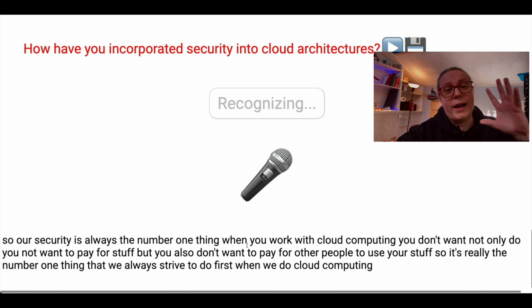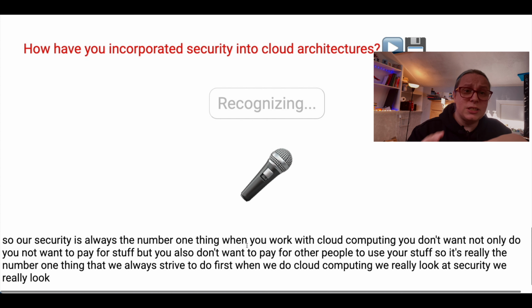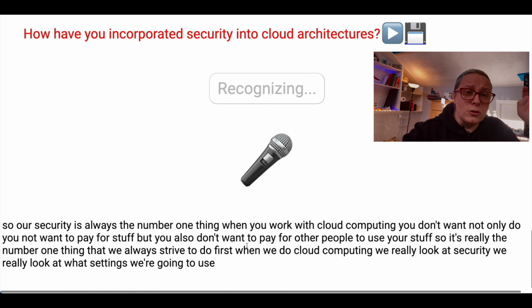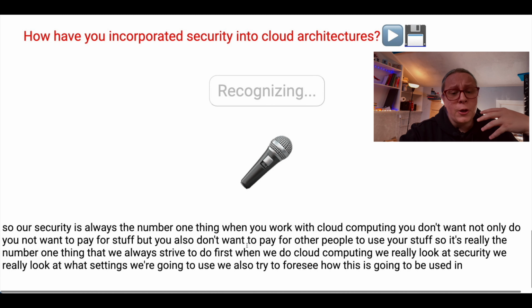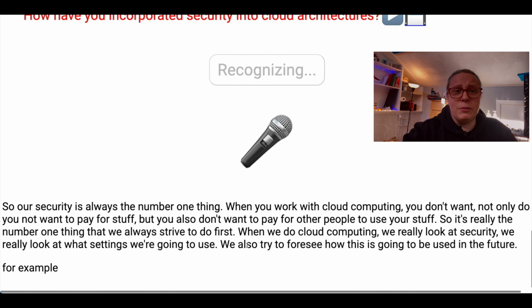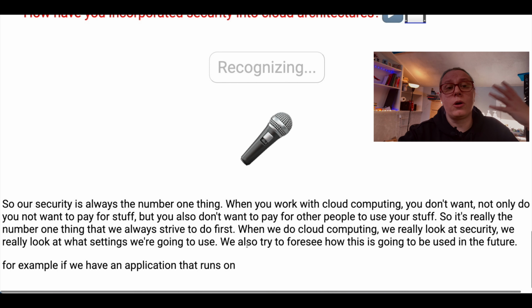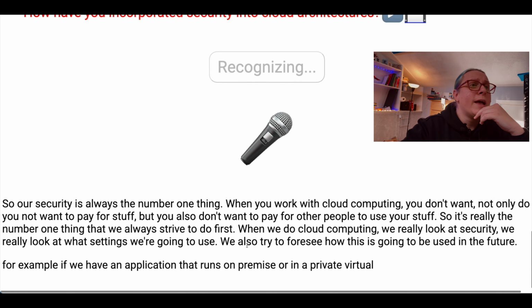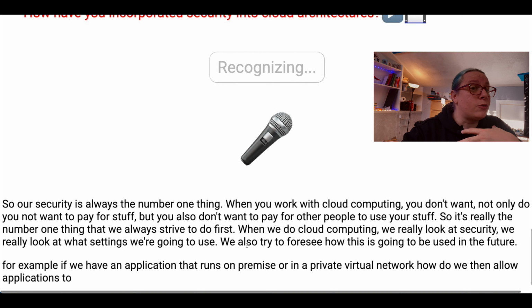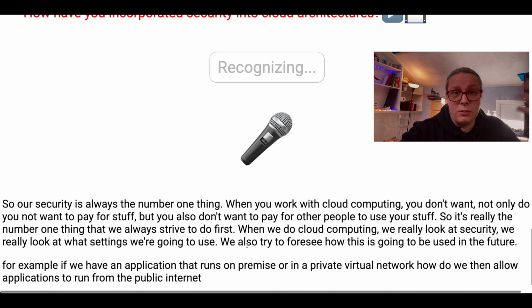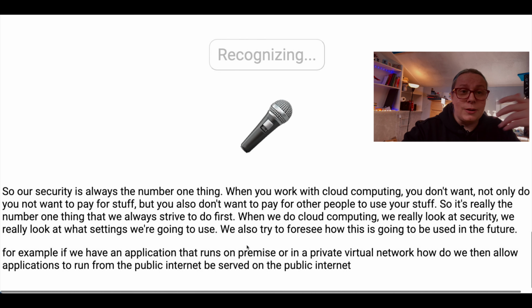We really look at security. We really look at what settings we're going to use. We also try to foresee how this is going to be used in the future. For example, if we have an application that runs on premise or in a private virtual network, how do we then allow applications to run from the public internet, be served on the public internet? What does this look like?